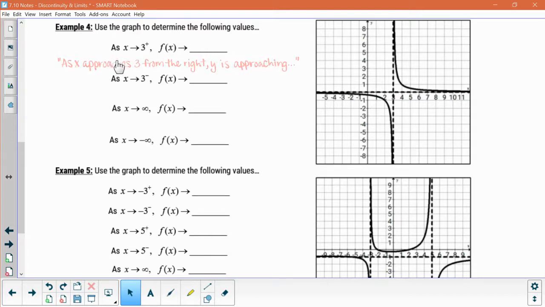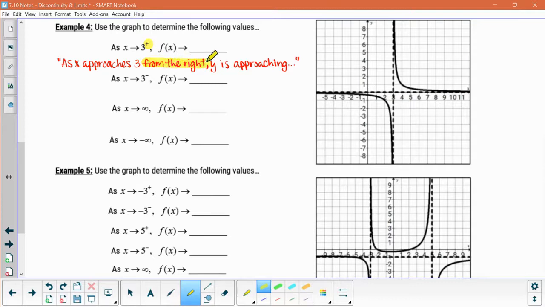So first line is going to be read as x approaches 3. Now, this plus sign is indicating I'm approaching 3 from the right. Y, which is the same thing as f of x, is approaching... So I'm going to go ahead and look at my asymptote, x is equal to 3.